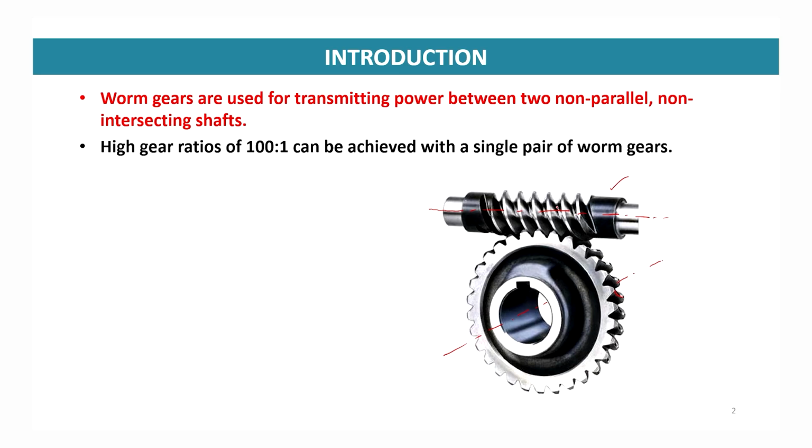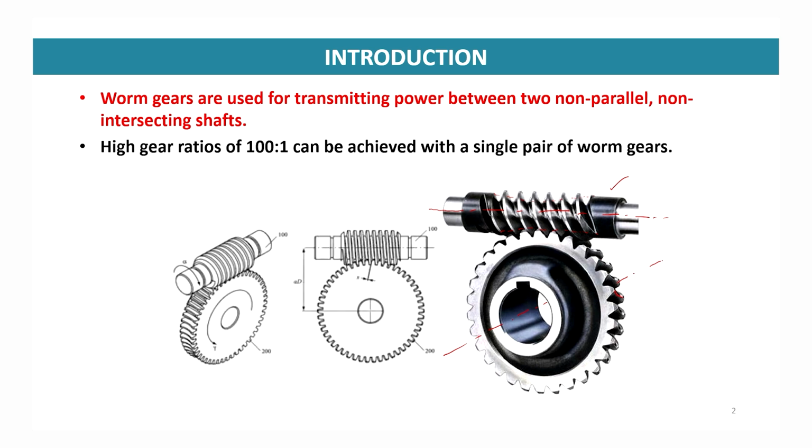Similarly, the worm may have an enveloping type of shape like this. If both have a curved shape, which is called enveloping, then it is called double enveloping, but if only one has, then it is single enveloping. This figure shows clearly the axis of the worm and the axis of the gear.